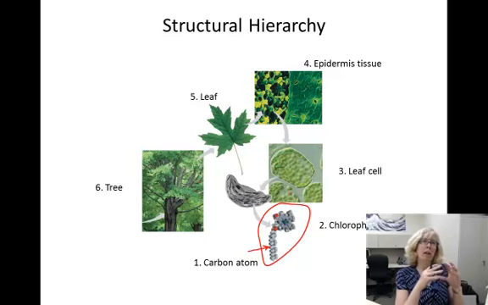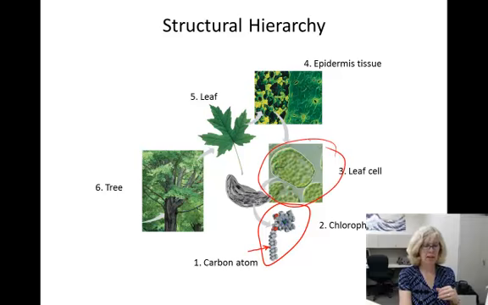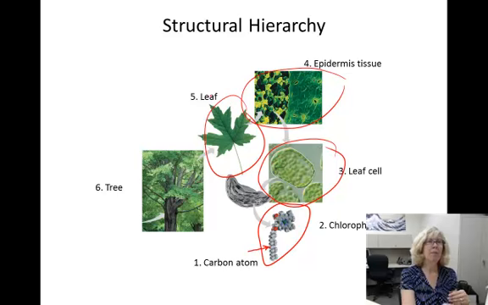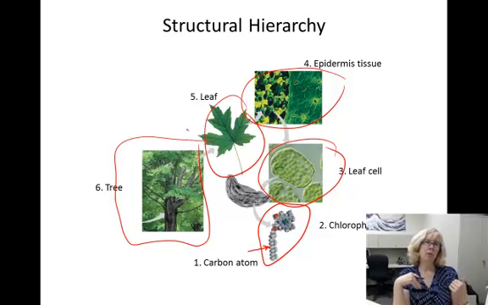Chlorophyll molecules work together with thousands of other molecules and elements to create a cell that contains chloroplasts. Many different cell types create an epidermis tissue, and there are many different types of tissue in a leaf. And an organism like a tree is made up of several different organ systems and structures and is the most complex level that we'll consider in this class.